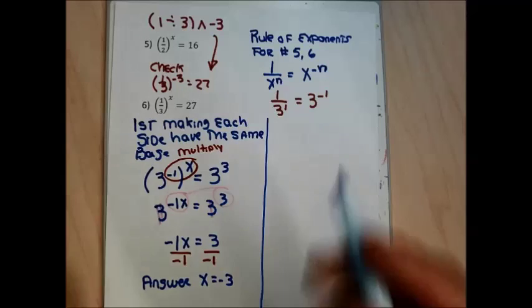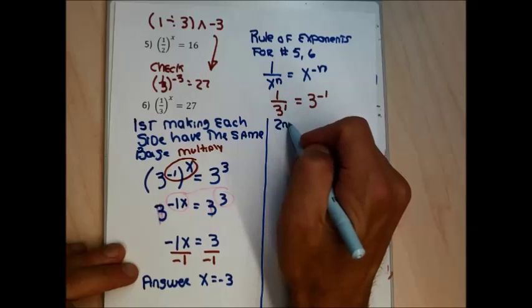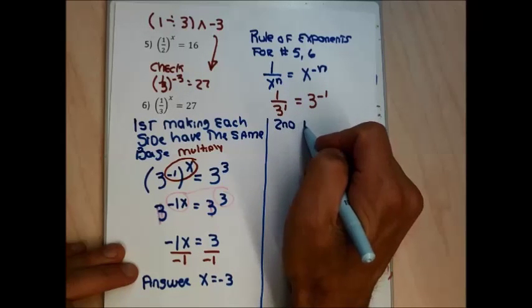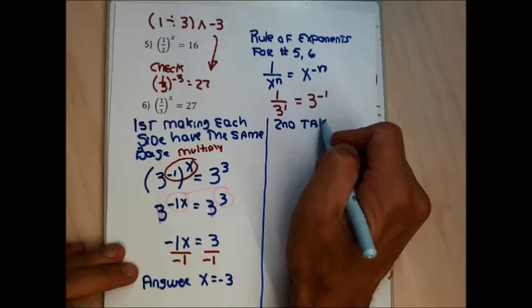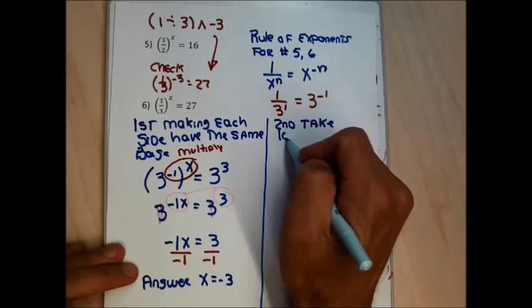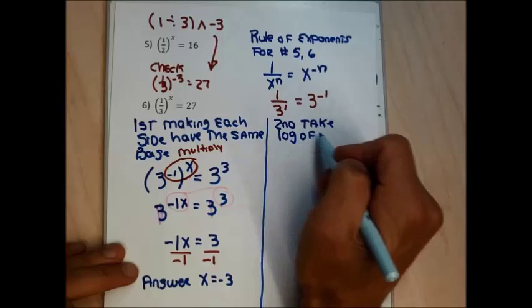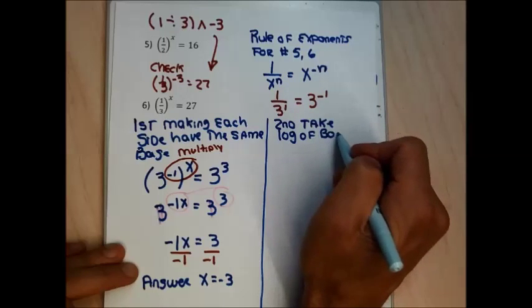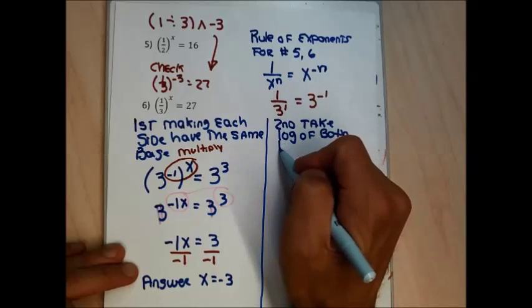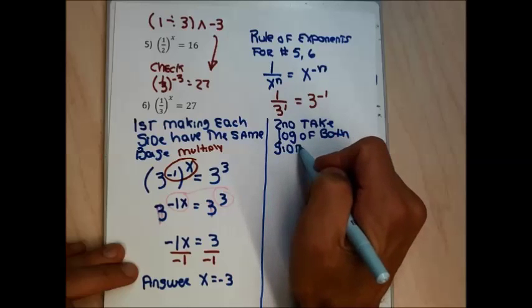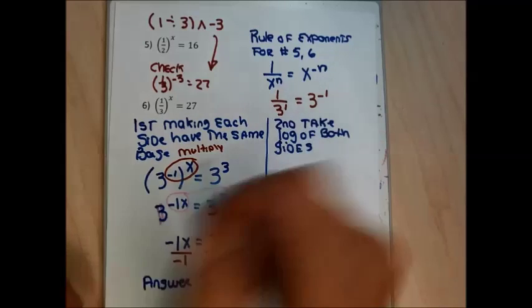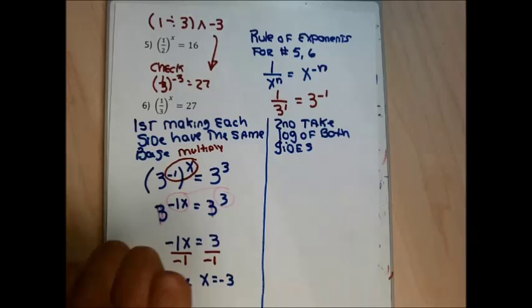The other way I can solve this problem is I could take the log of both sides. And when I take a log of both sides to solve a problem like this, I'm probably locked into using my calculator.